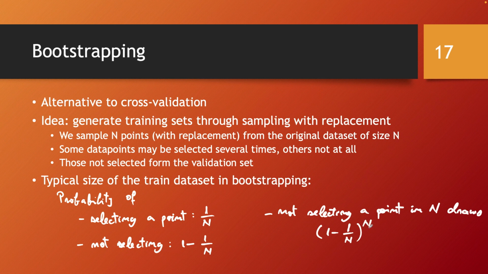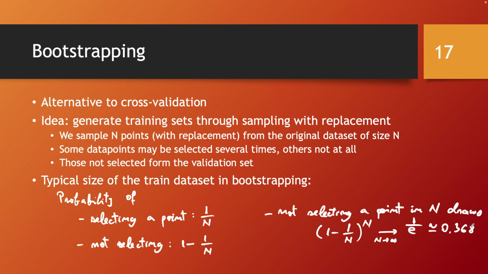And the point here is that as n grows to infinity, as you have very large data sets, this is going to approach e to the power minus 1, so 1 over e. And 1 over e is about 0.368.